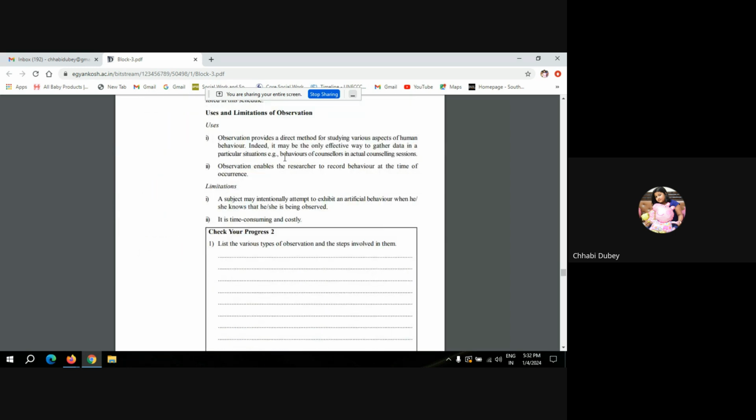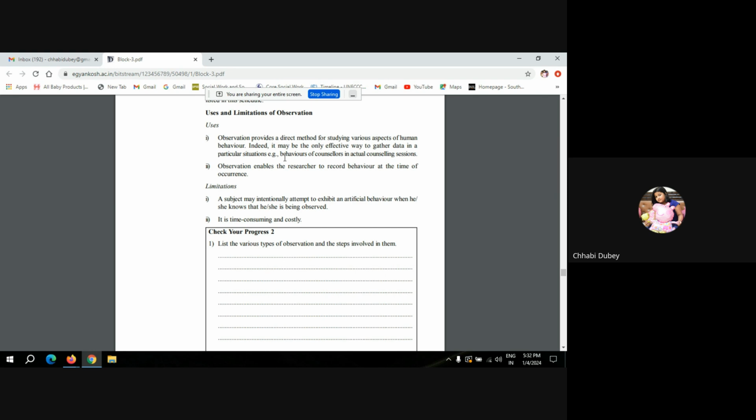Now, observations are very frequently used in research, in almost all kinds of research, where we have to observe either the social phenomena or whatever unit we are studying. Despite their vast uses, there are certain limitations. For example, we have already seen that this is a very time-consuming and costly process. There can be a lot of biases, specifically in observation processes.